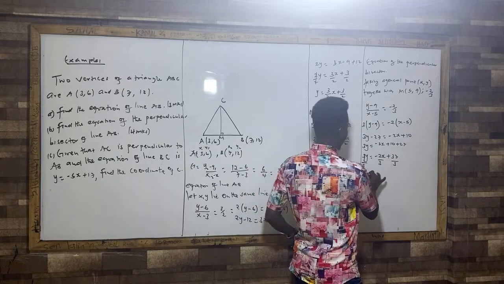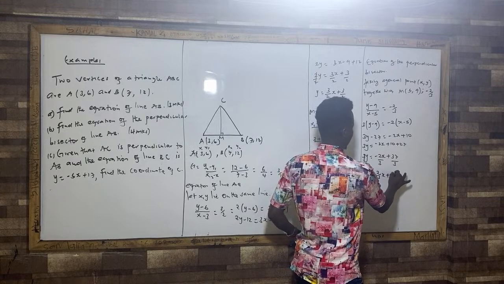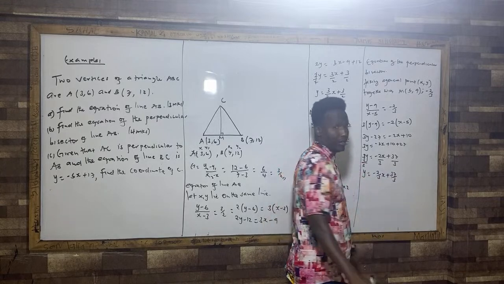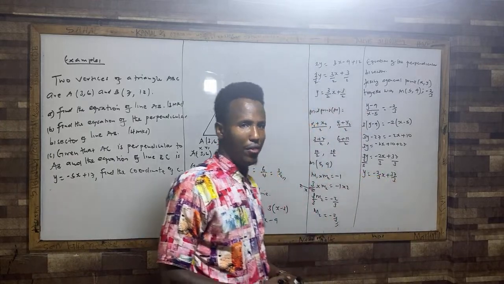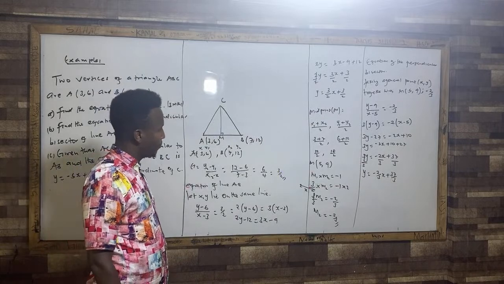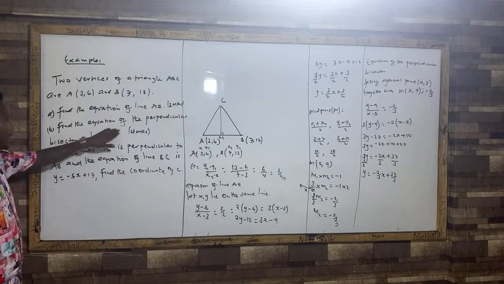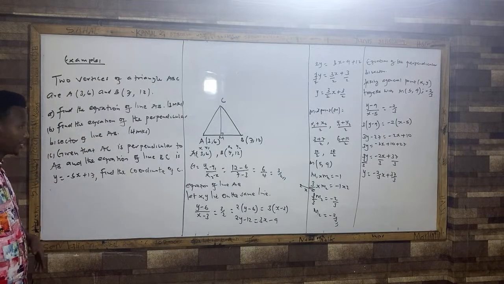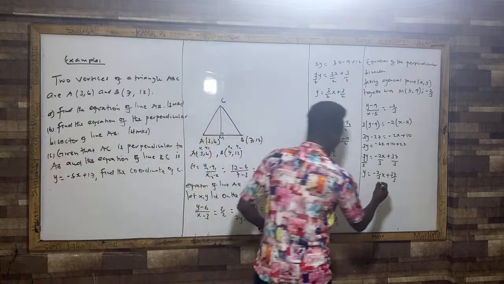So y is equal to negative 2 out of 3 x plus 37 out of 3. I think that is the final answer, because you are told to find the equation of the perpendicular bisector of line AB.